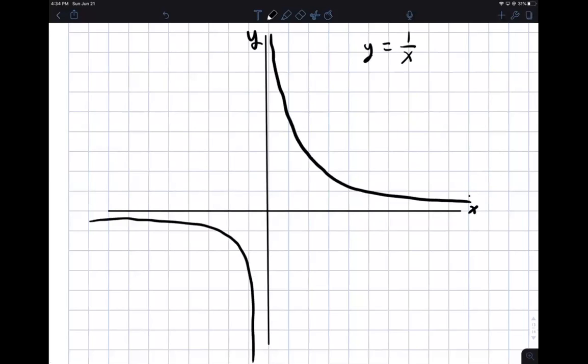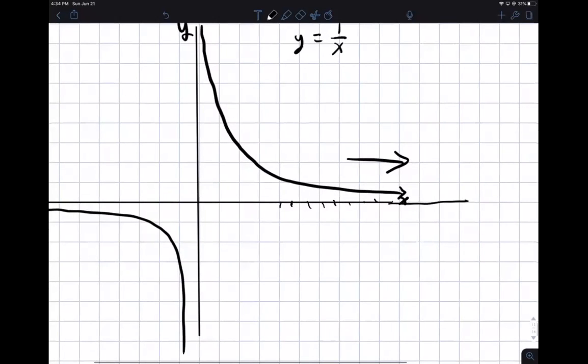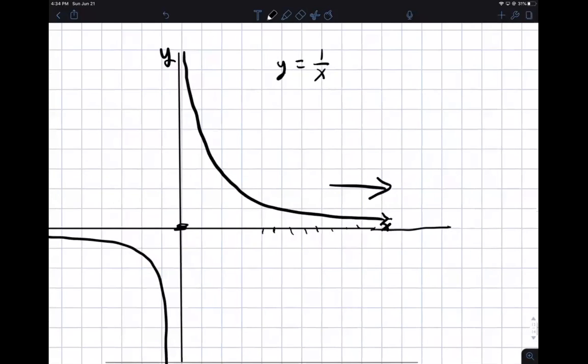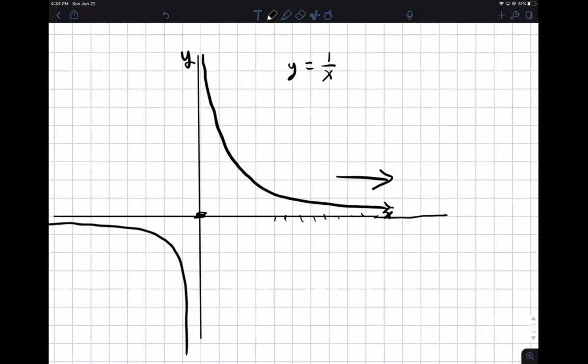So what this is doing is, x is getting bigger and bigger and bigger, right? And y is getting smaller and smaller and smaller as we go to the right. But in this graph, it's never ever going to be 0. Do you know why? Why don't we try plugging stuff in?